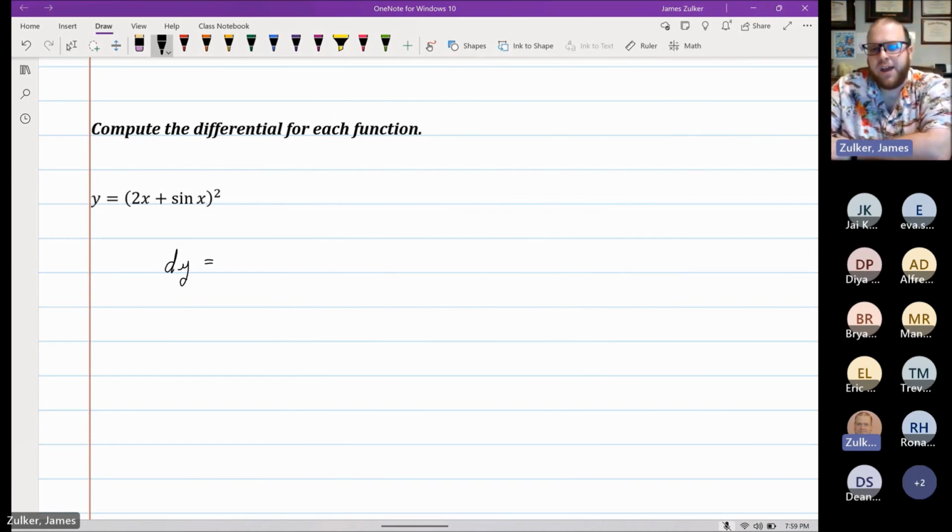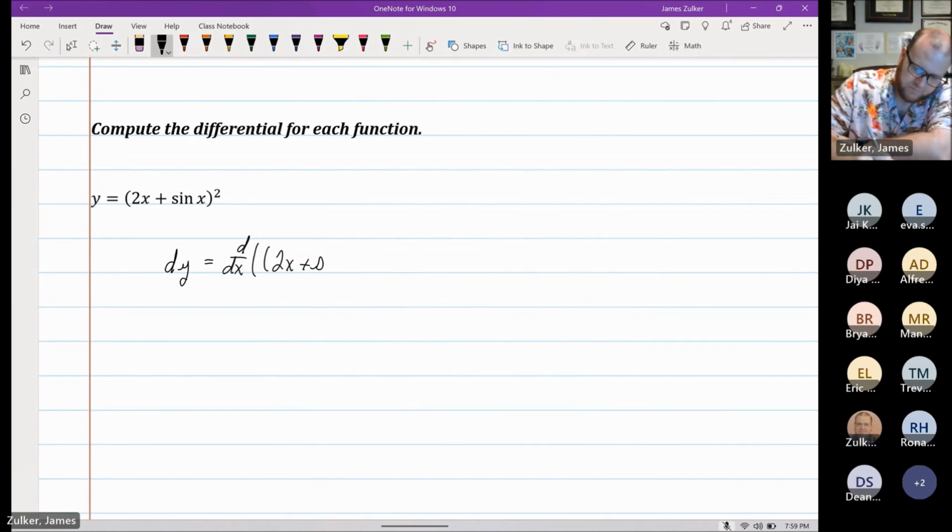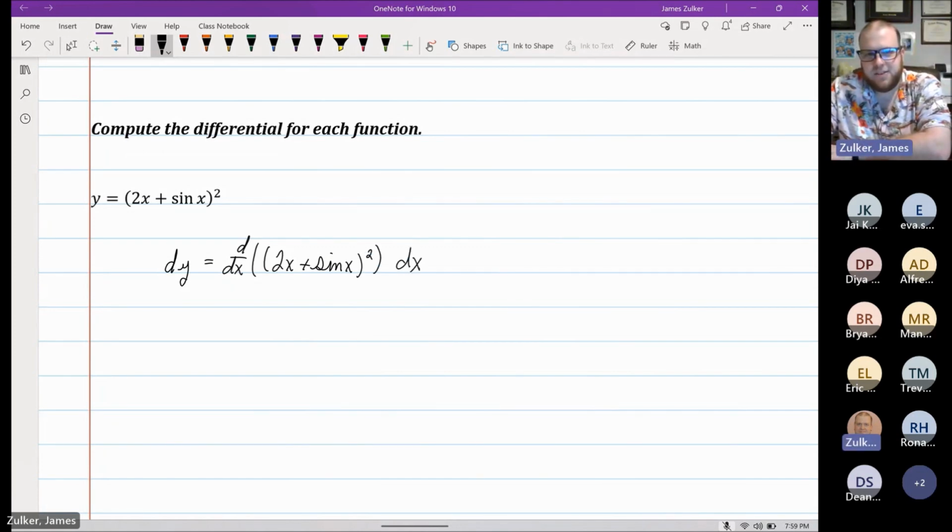So differential for y. We take f prime of x. And that's times dx.